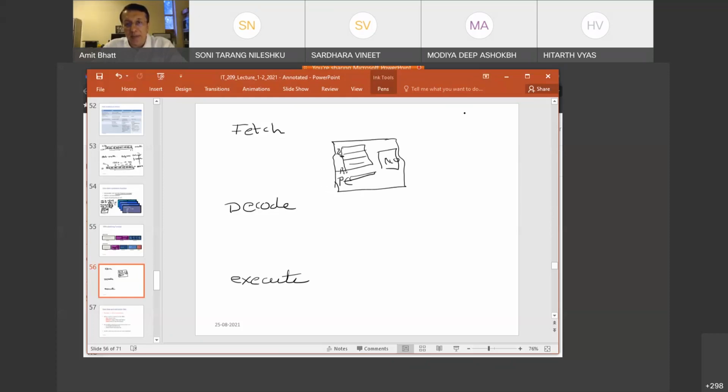Now fetch means you need to get the instruction. So there is outside memory, and the memory is divided into 2 parts. First one is instruction memory and second one is data memory. Right? So this is your instruction memory where your program is stored. Say, in your first assignment, you will write a 5-line program or 7-line program.